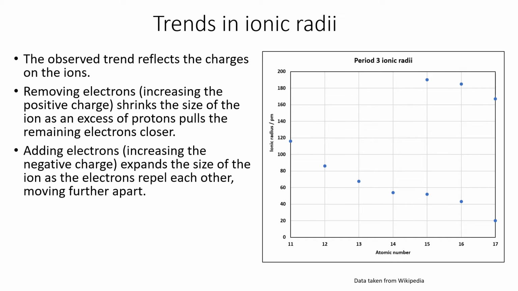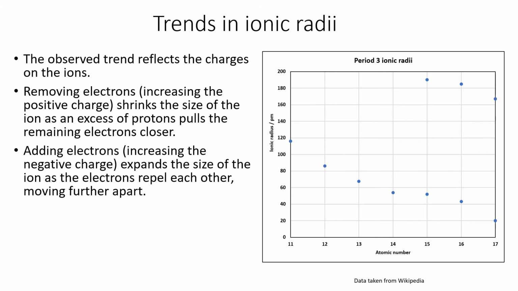We see that these negative ions up at the top right are much larger than the positive ions. We can think of this in terms of the ratio of electrons to protons being the other way around, favouring the electrons. And also, they have filled their third shell rather than having emptied their third shell, which is what we're seeing in the positive ions. So they've got a whole extra shell of electrons, so of course you'd expect the ion to be larger for that reason as well.